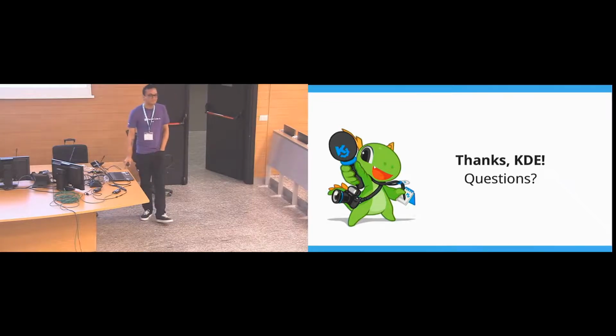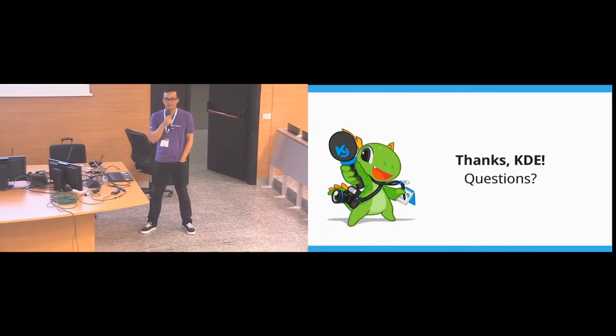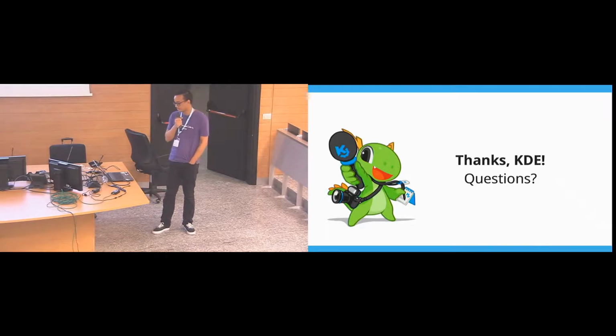Other questions? Yep, we got one up there. Is it possible for you to go into some of the technical reasons why you moved away from KAuth and closer just to Polkit itself? Okay, so one of the decisions was because we do not use all the features from KAuth, so there are some dependencies that we are not completely using.